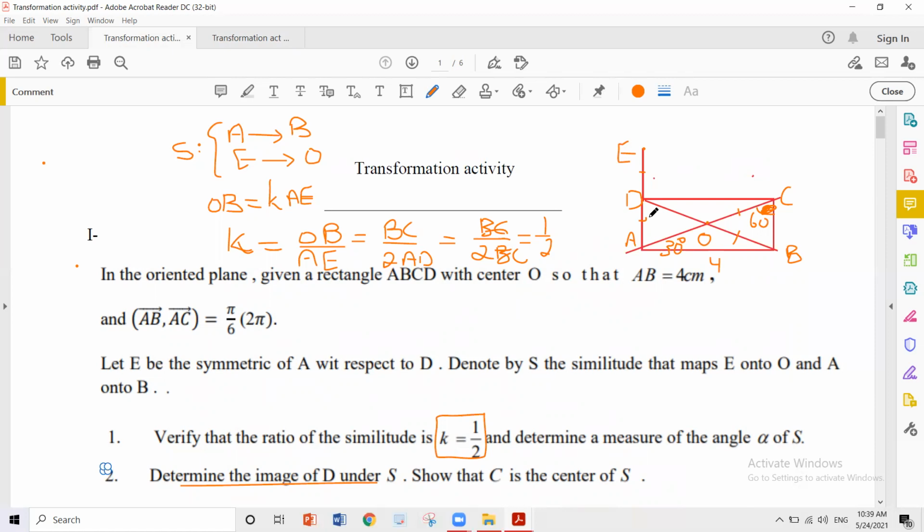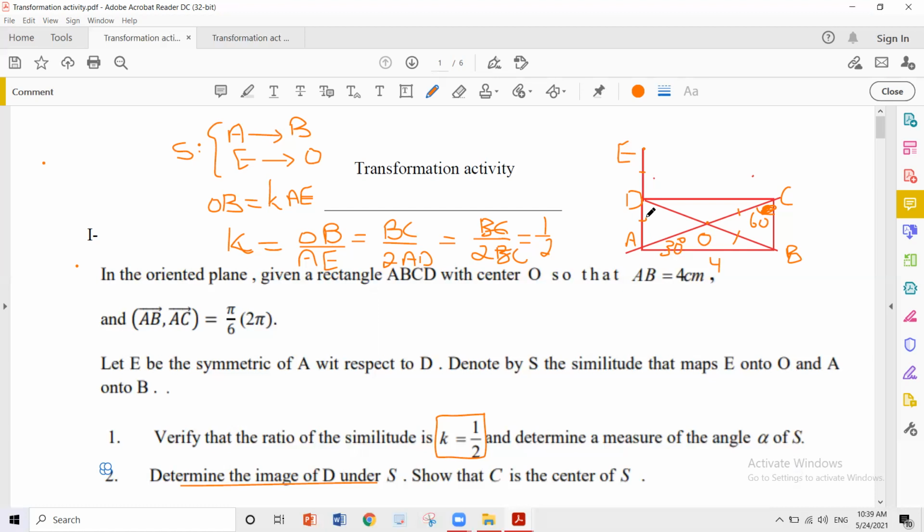Which point is it? What is D in this figure? D is the midpoint of AE.